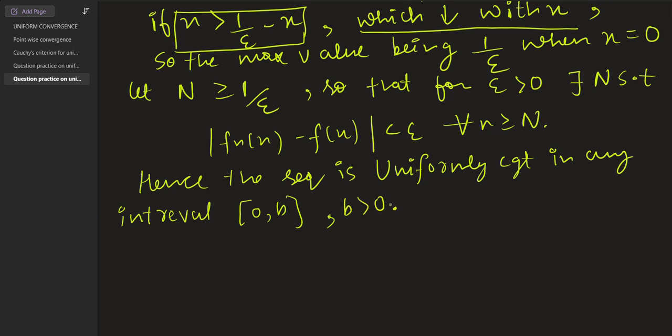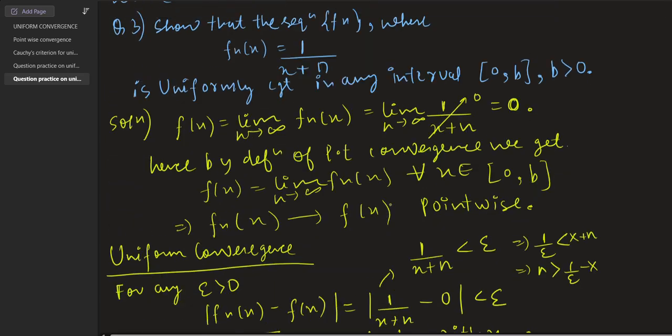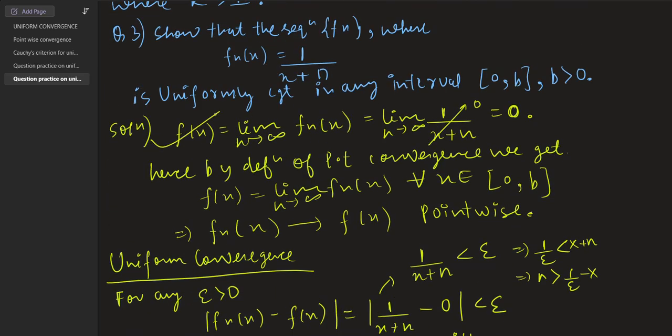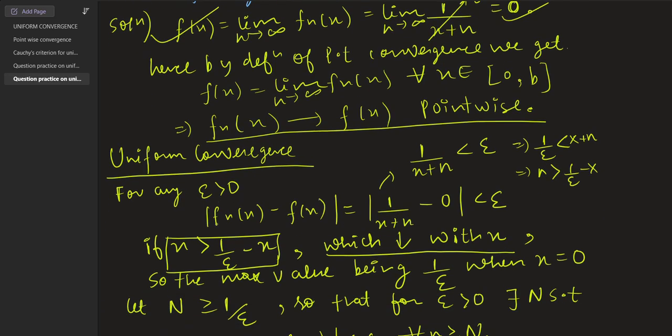Fine. In this question, what we have discussed is that first we find the pointwise convergence, which equals 0. So fn converges to f pointwise. Now by the definition of uniform convergence, for any epsilon greater than 0, we have to prove that there exists an integer n greater than your maximum value. So fn(x) - f(x) is this, and n is greater than 1/epsilon - x, which decreases with the increase of x.